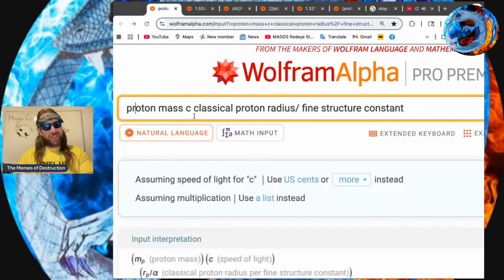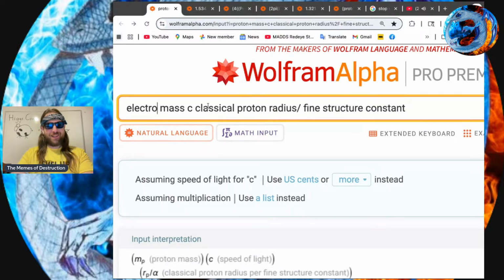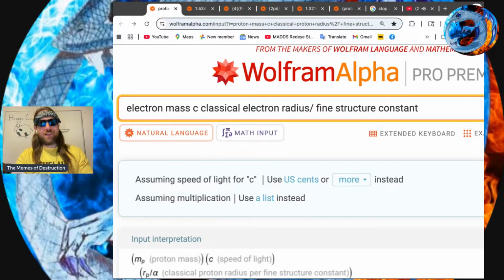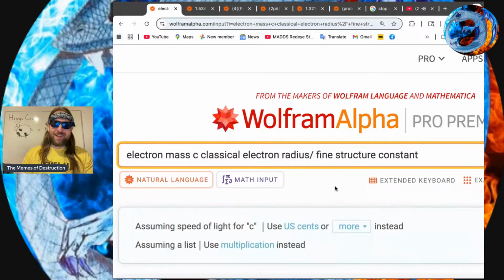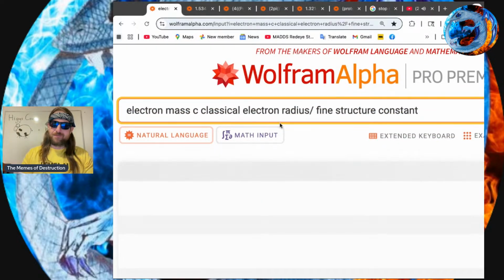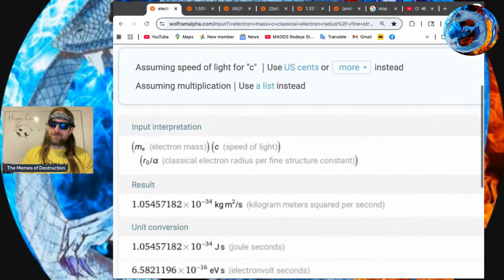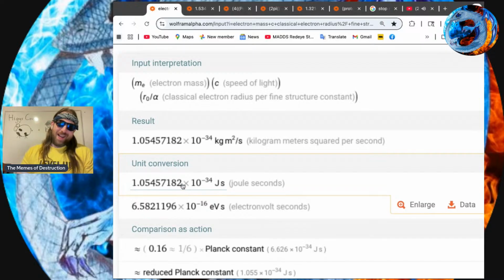Let's do this real quick. Let's do the electron. We're just swapping out the mass and radius, keeping electron. All right, we do all that there, and it gives us the equivalent thing for h bar.